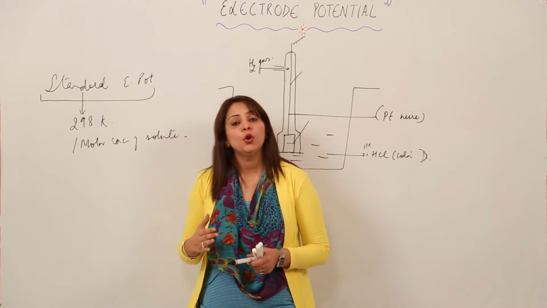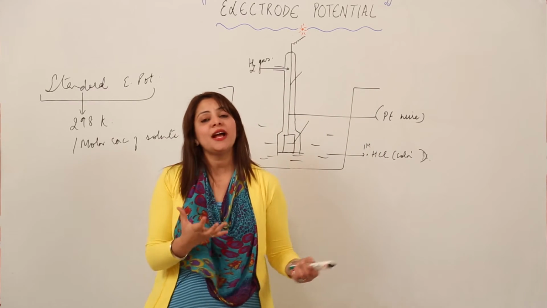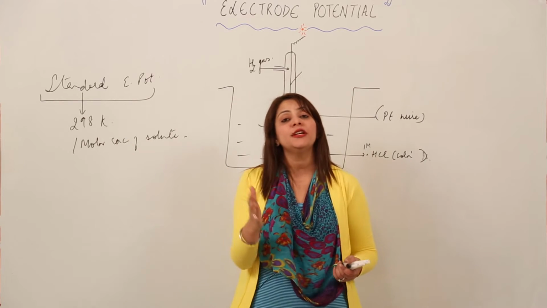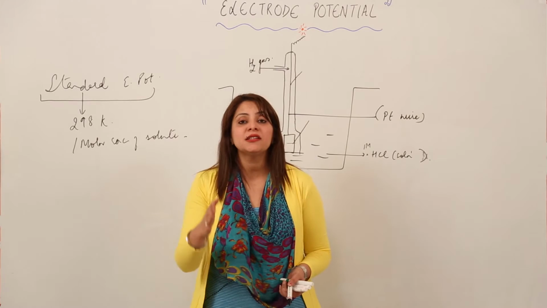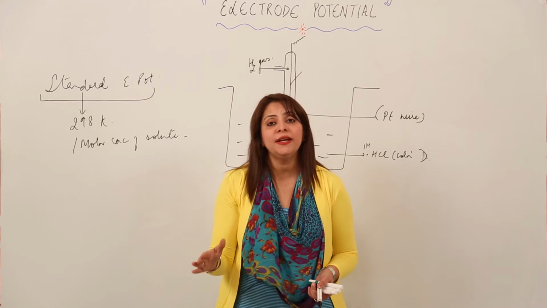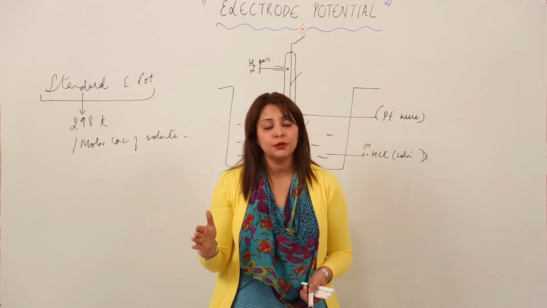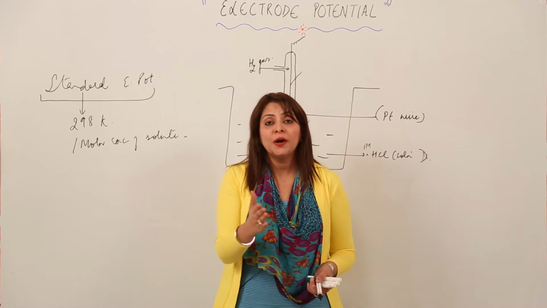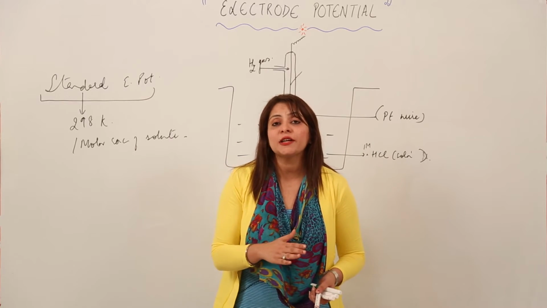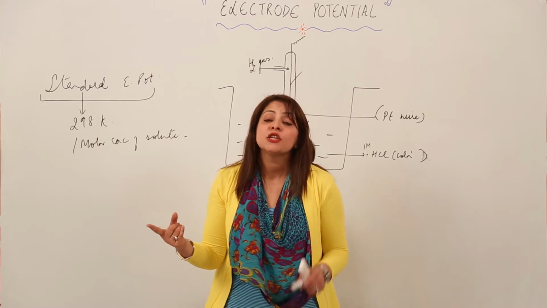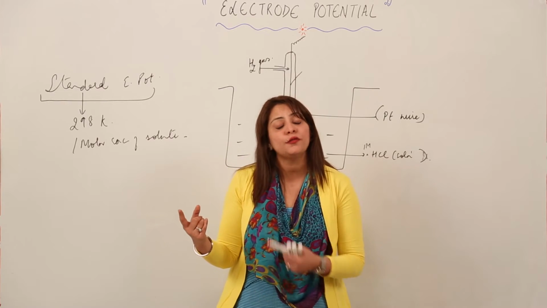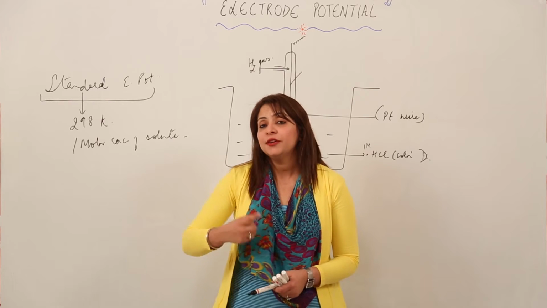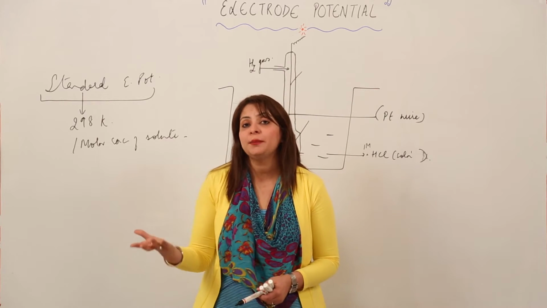Moreover, you should know that it is not easy to calculate the absolute value for the electrode potential. I repeat, you cannot calculate the absolute value for the electrode potential. The reason being, you are aware that the half cell reaction does not take place independently.